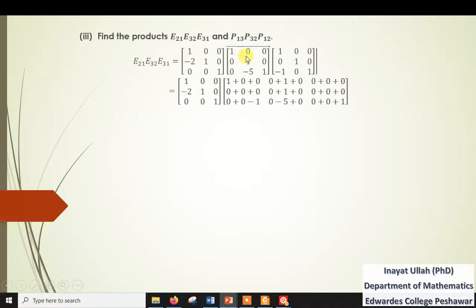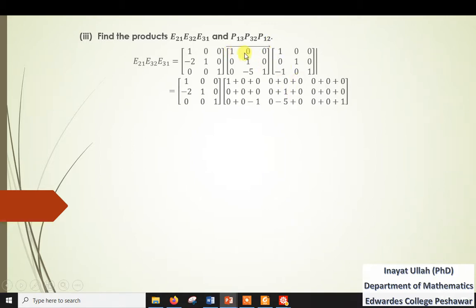Whenever you multiply this matrix with that one, 1 into 1 is 1, then plus sign, 0 into 0 is 0, then plus sign, 0 into minus 1 is 0. So that is the product of the first row with the first column. Now first row, second column: 1 into 0 is 0, 0 into 1 is 0, that is mistakenly written here, that must be 0, and 0 into 0 is 0.